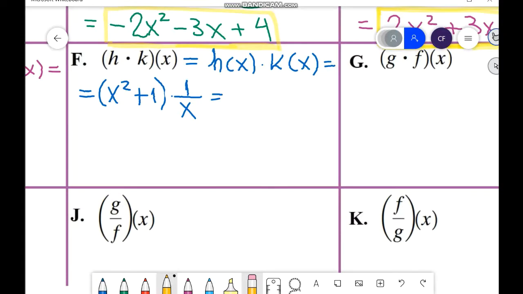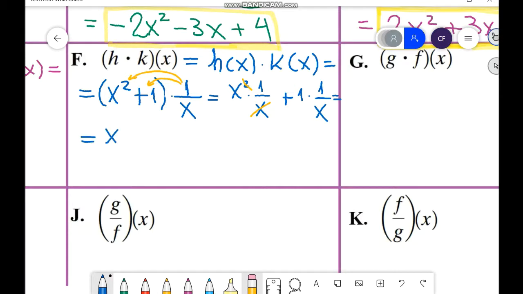So we have to apply again the distributive property. We can apply it this way. This equals x squared times 1 over x plus 1 times 1 over x. See? And we can simplify here. Check this. We can simplify x squared divided by x, which is just x. And 1 times 1 over x, 1 over x. That's it. This is the right answer for letter F.